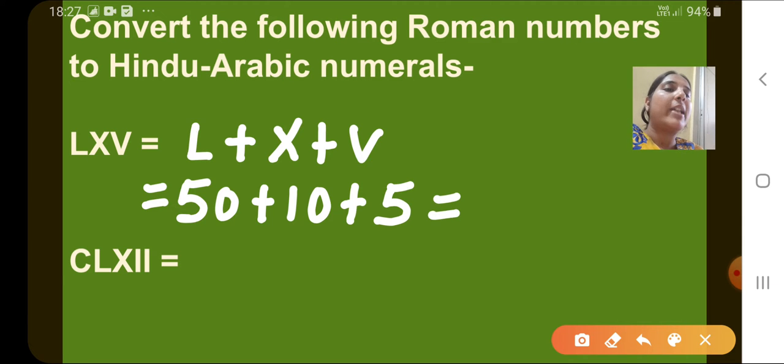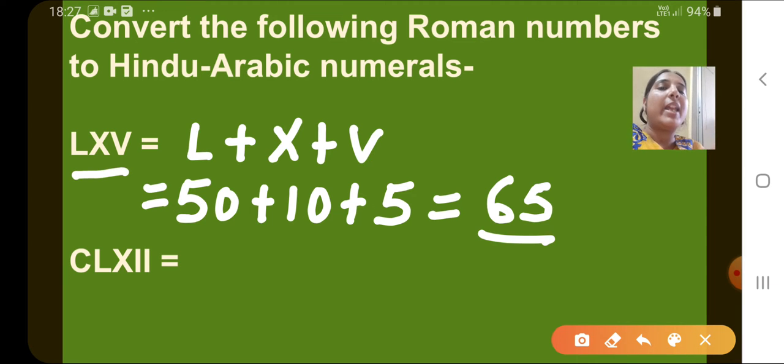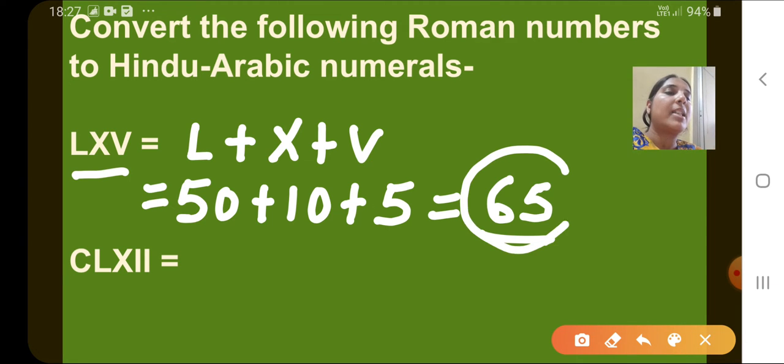Now add them together. So what will we get? 50 plus 10, 60, and 60 plus 5, 65. Got it, children? So this LXV stands for number 65.